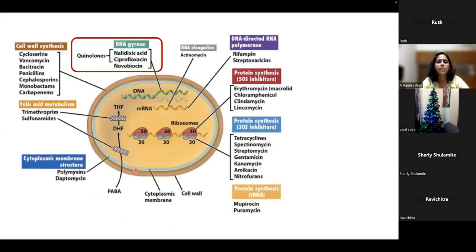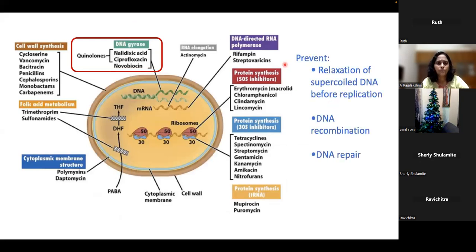So what is the mechanism of action? It acts on the DNA gyrase and inhibits it. It prevents the relaxation of the supercoiled DNA. This coiled DNA has to unwind before replication.